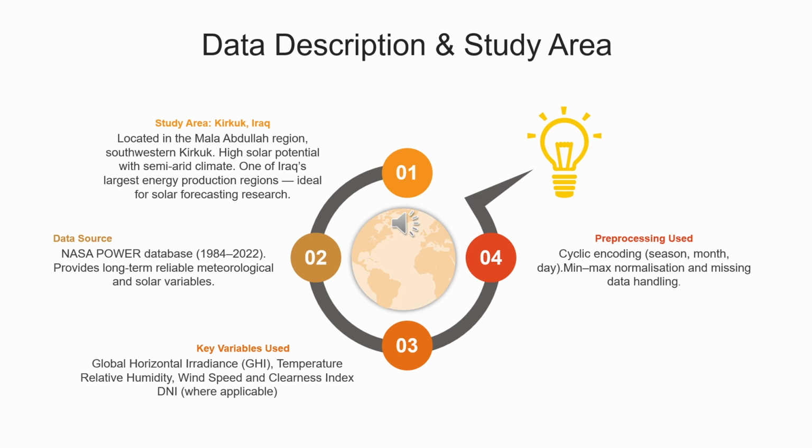It provides long-term reliable and solar variables. The key variables used are global horizontal, GHI, temperature, relative humidity, wind speed, and clearness index, DNI. The pre-processing used, as we mentioned before, cyclic encoding, season, month, day, minimum-maximum normalization, and missing data handling.